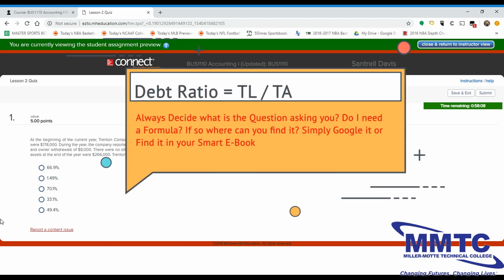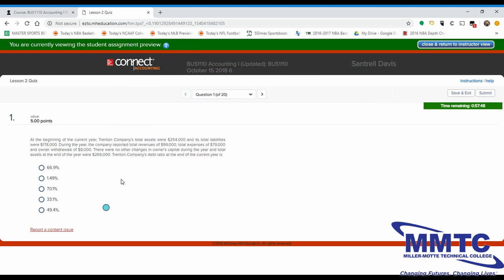So again, what we need to know: definitions, principles, formulas. The question told you what it's looking for: the debt ratio. How do we find that? We can simply Google it. I think it is total liabilities over total assets.